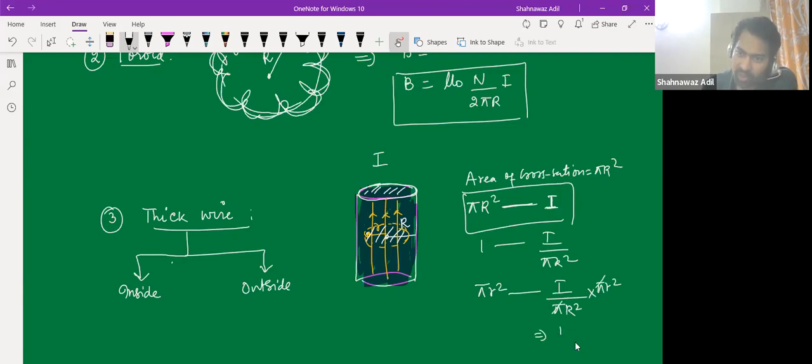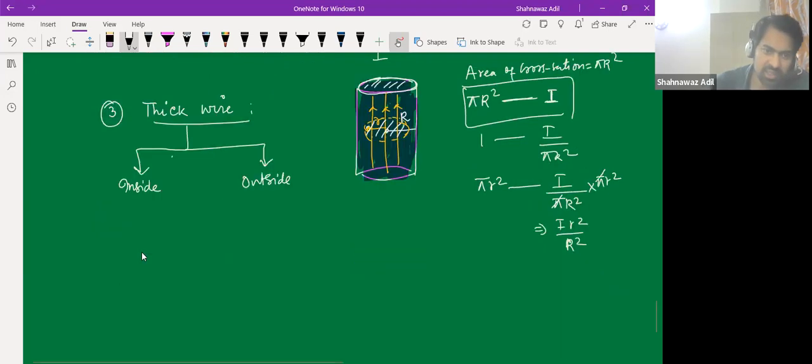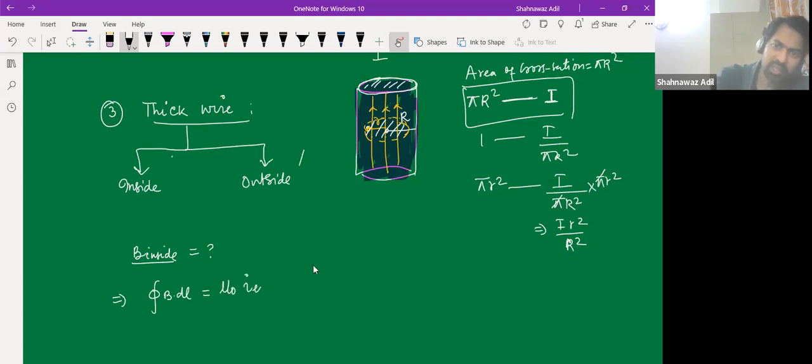Remembering this, let us calculate what the magnetic field inside would be. Again using Ampere circuital law, B dot dl is mu naught I enclosed.